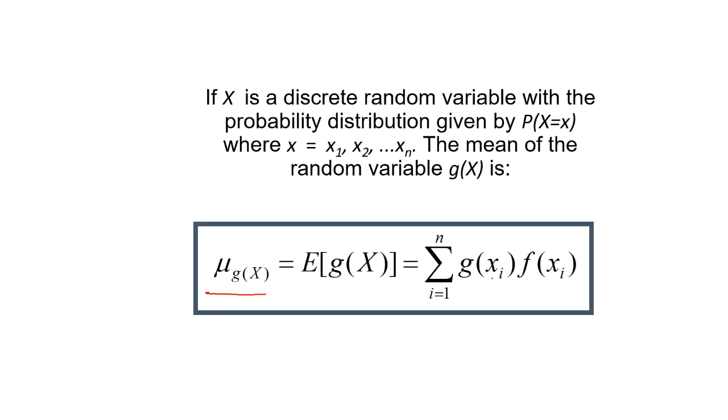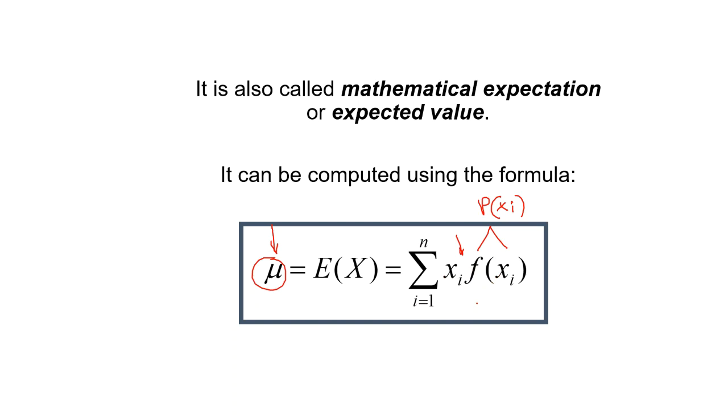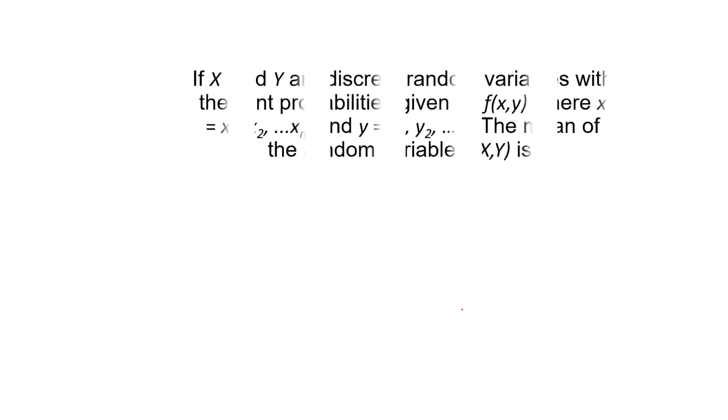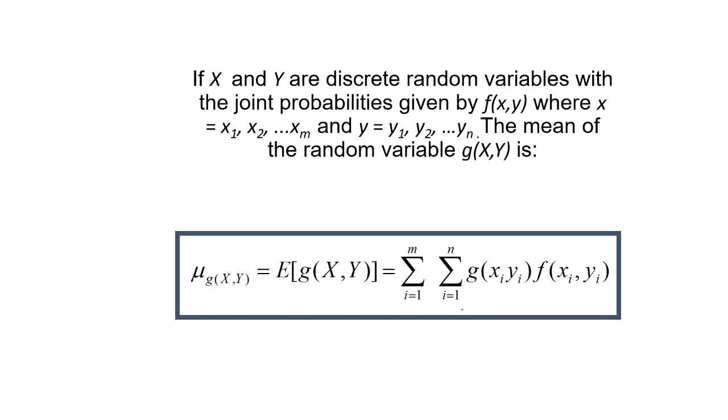Again, this is the formula for getting the mean of a discrete random variable. This one is the general formula for the computation of the expected value. And this one is the formula for the mean if it is a joint probability.